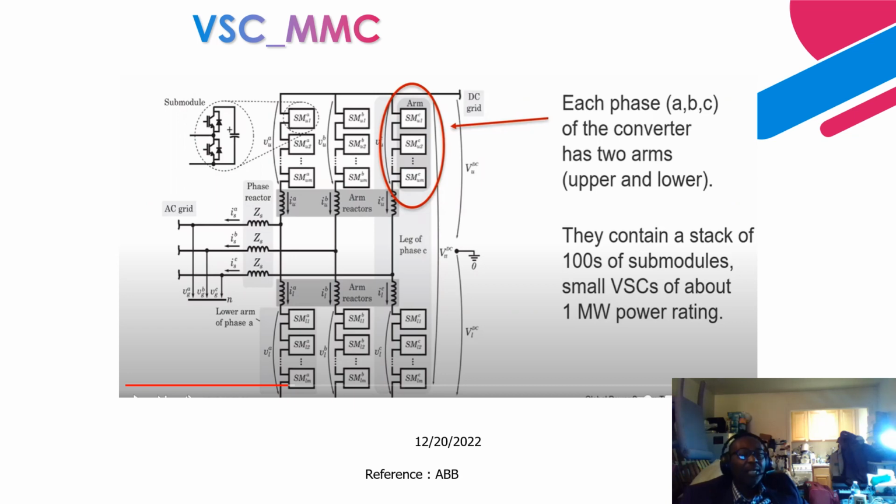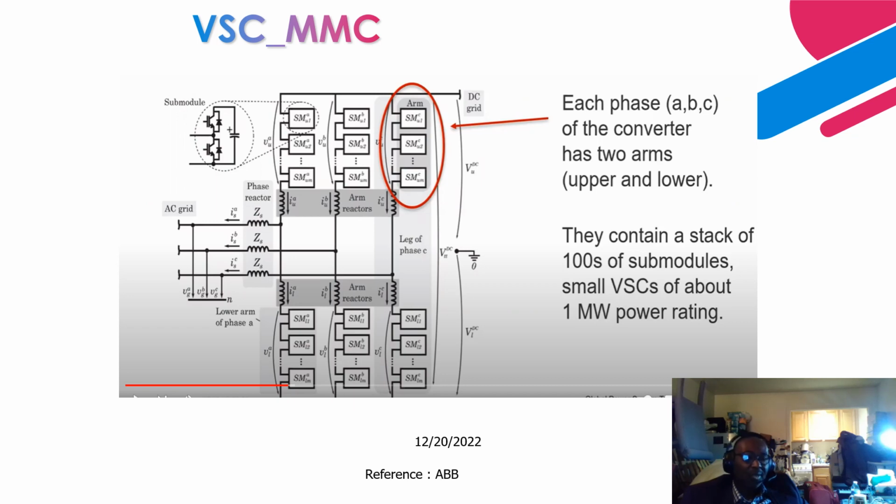Similarly, this also has series cascaded sub-modules. It can either have half-bridge sub-modules or full-bridge sub-modules, all connected in series. This is a picture of one sub-module. You can have hundreds, 200s, 300s of these, all connected in series and daisy-chained.